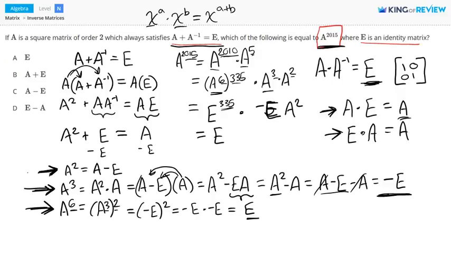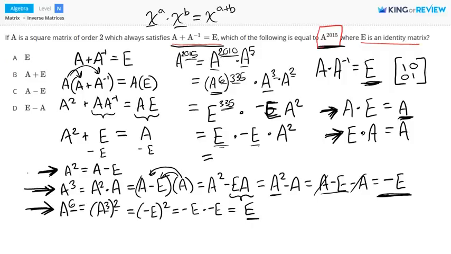So we have E times negative E times A squared. We know that these identity matrices here follow this rule. When we multiply a matrix times an identity matrix, you get the original matrix. So here, we're left with negative A squared. And we know what A squared is.